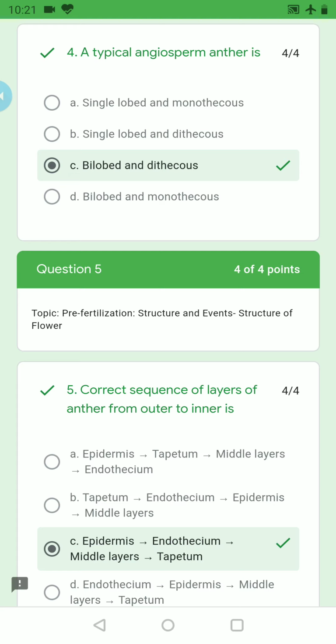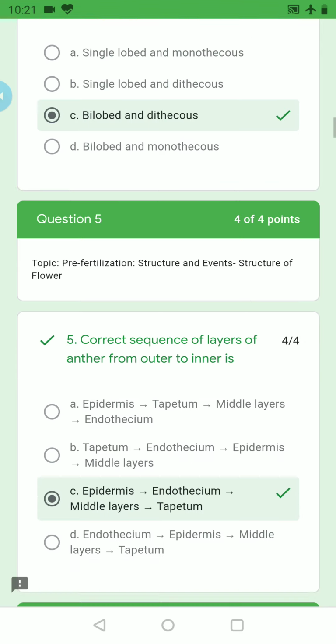We also said dithecous, that is, two theca, two chamber-like structures, bilobed and dithecous. I hope you understood easily. Whatever we have discussed earlier, just recall that, and you will get it easily.